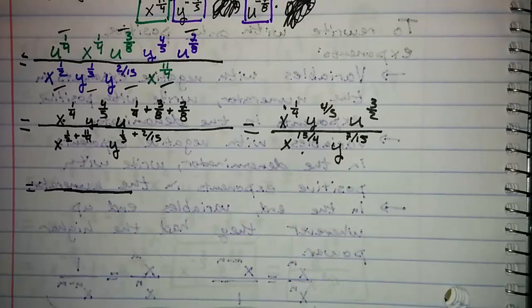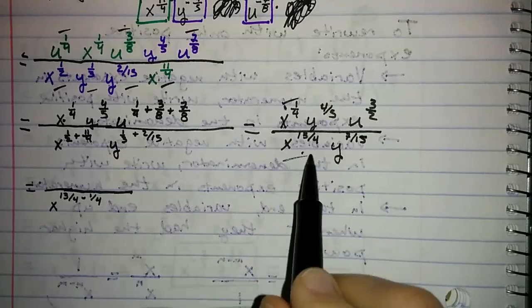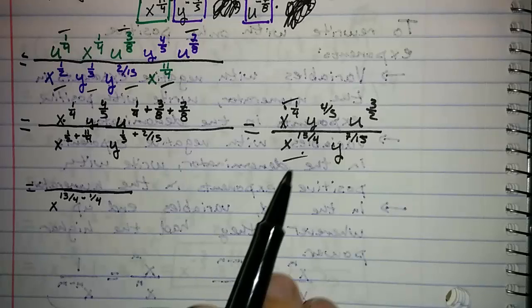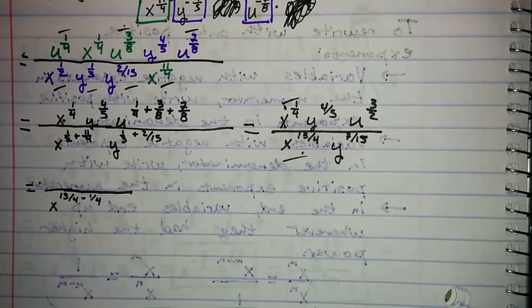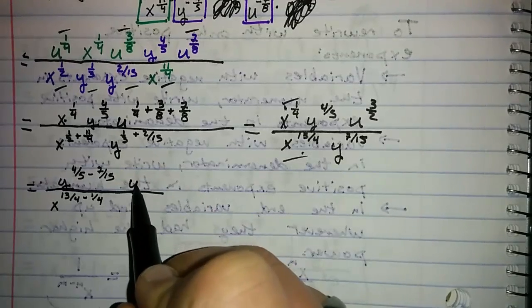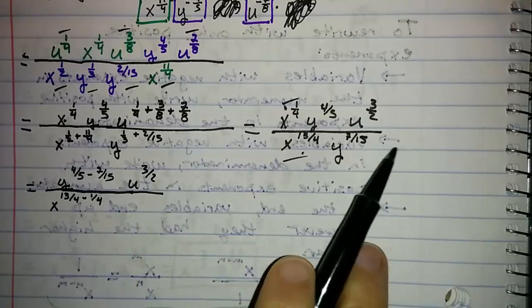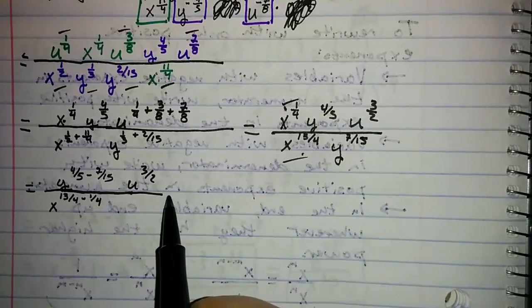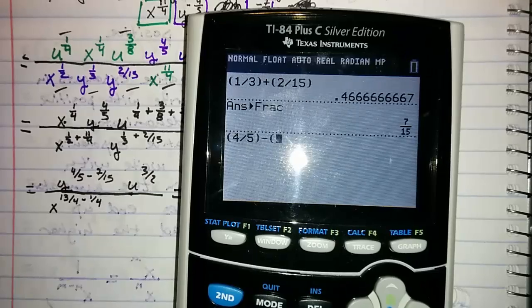So let's see. 13/4 is definitely bigger than 1/4. My x's go in the denominator. 4/5 I think is bigger than 7/15. And u just stays u to the 3/2 because I haven't got a u in the denominator. 4/5 minus 7/15.